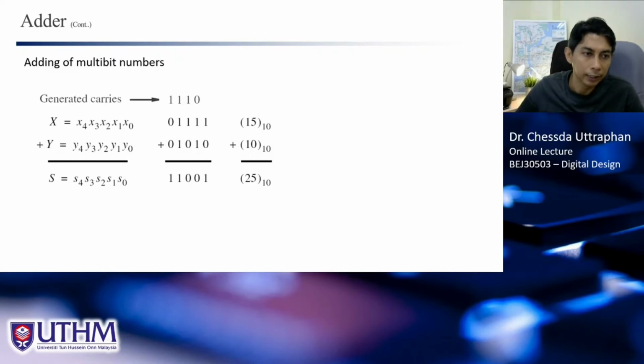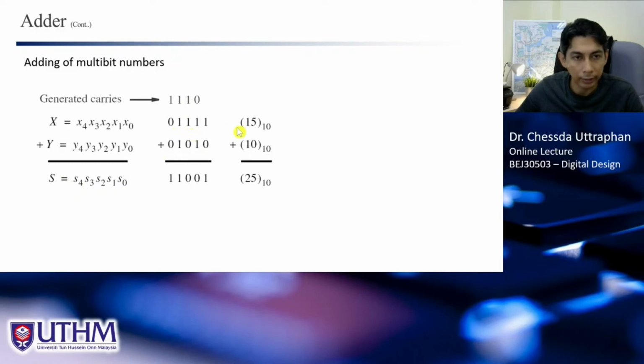So for example, x is 5 bits, y is 5 bits. Again, in hand calculation, this is x0, y0, we add, the product is s0, and so on and so forth, and we can have the carry. And here is the example.